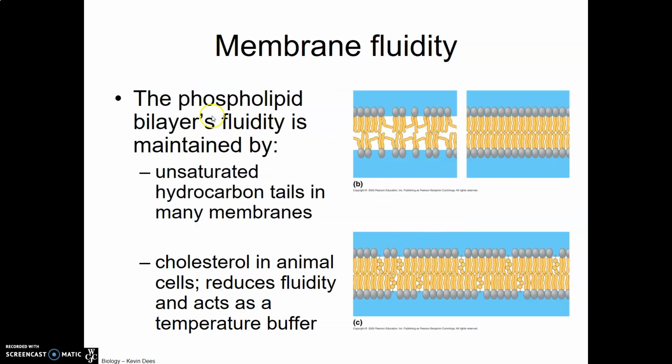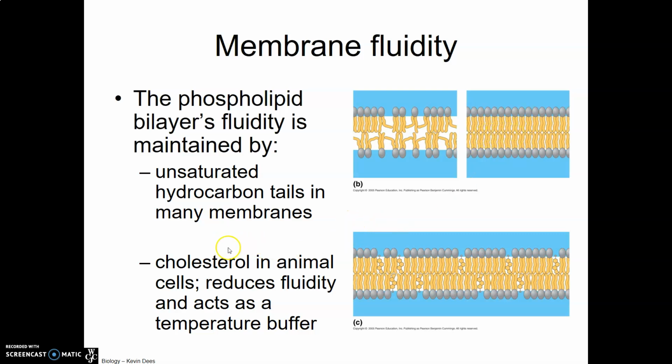Now, the phospholipid bilayer's fluidity is maintained simply because the fatty acid tails in most instances are unsaturated hydrocarbon tails. And you might recall from the discussions we had when we talked about saturated versus unsaturated fats, this is because of these double covalent bonds to the carbon atoms here. Now, these little kinks give this membrane some of its weakness, if you will, to make it fluid so that it can move.